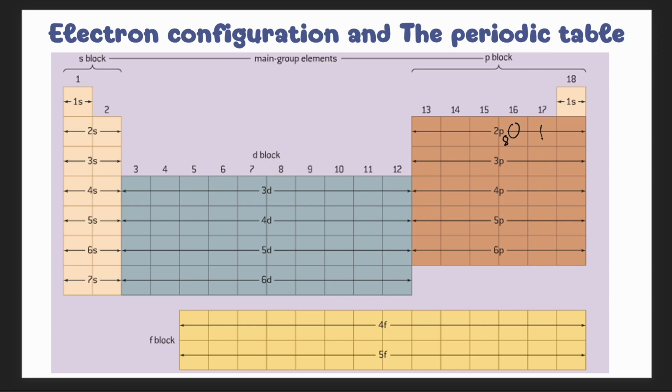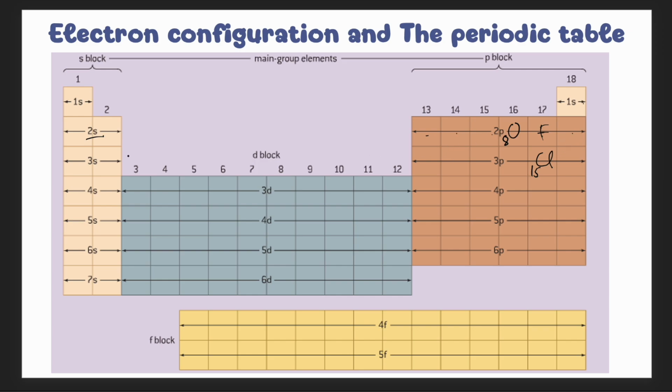Here could be Cl, right? Cl with the electron number 17. So what about the electron configuration? 1s2, 2s2, 2p, 1 2 3 4 5 6, 2p6.